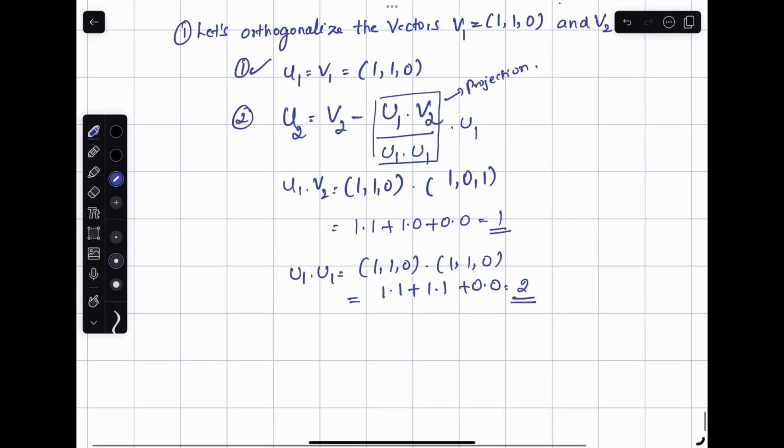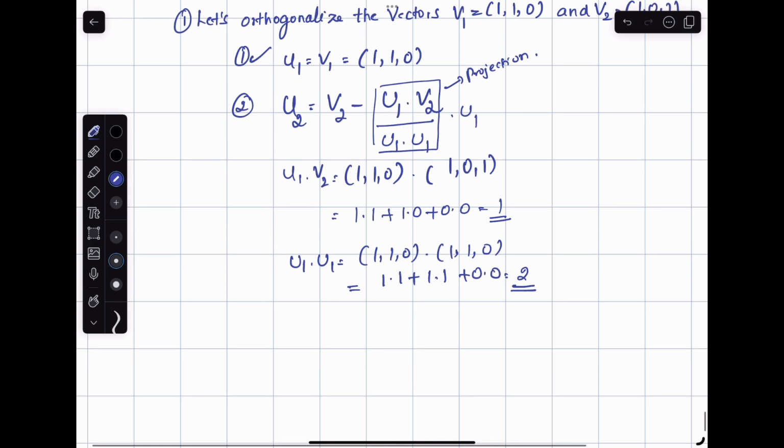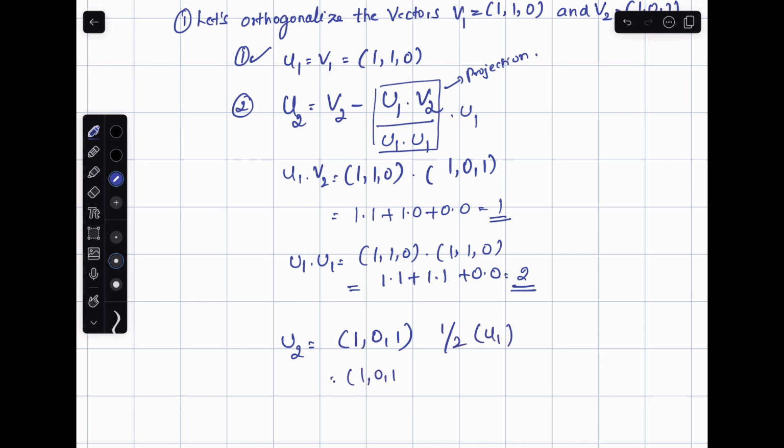Now let us directly substitute. u2 is equal to v2, which is 1 comma 0 comma 1, minus the upper part divided by the lower part, which is half, into u1. So 1 comma 0 comma 1 minus half into u1, which is 1 comma 1 comma 0.